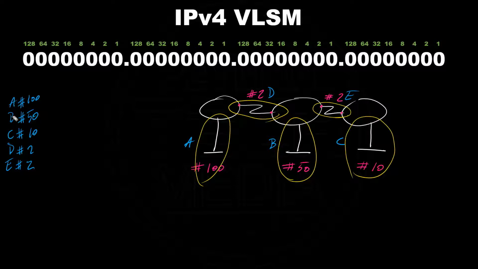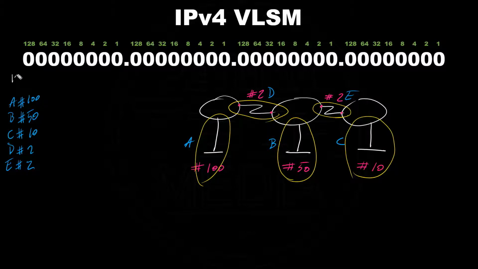And please do not confuse this with the IPv4 classes, where we have 5 different classes, class A, B, C, D, E. These are just, I assigned A, B, C, D, E for these networks. Here we are talking about the name of network A, network B, network C, not classes. Okay, so when we talk about VLSM, we have to start from the largest first.